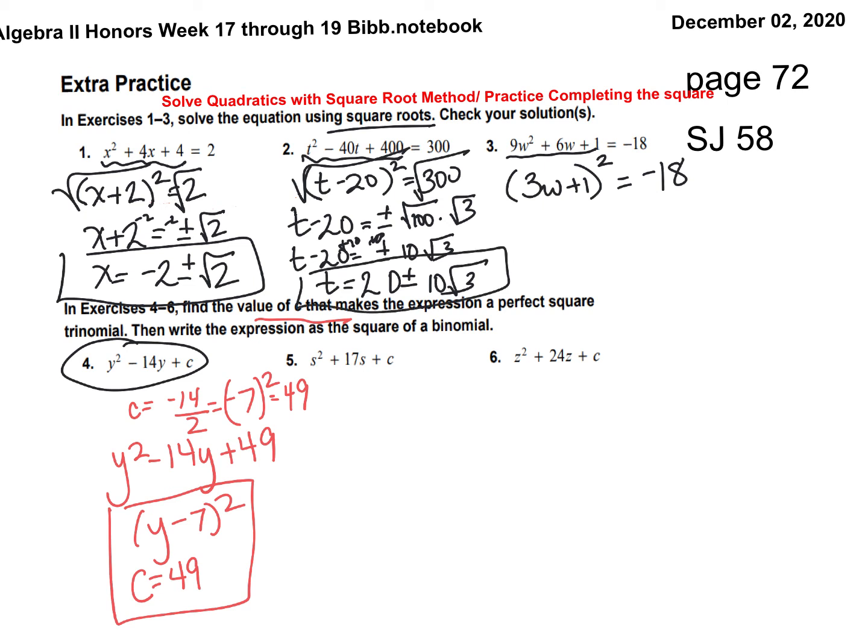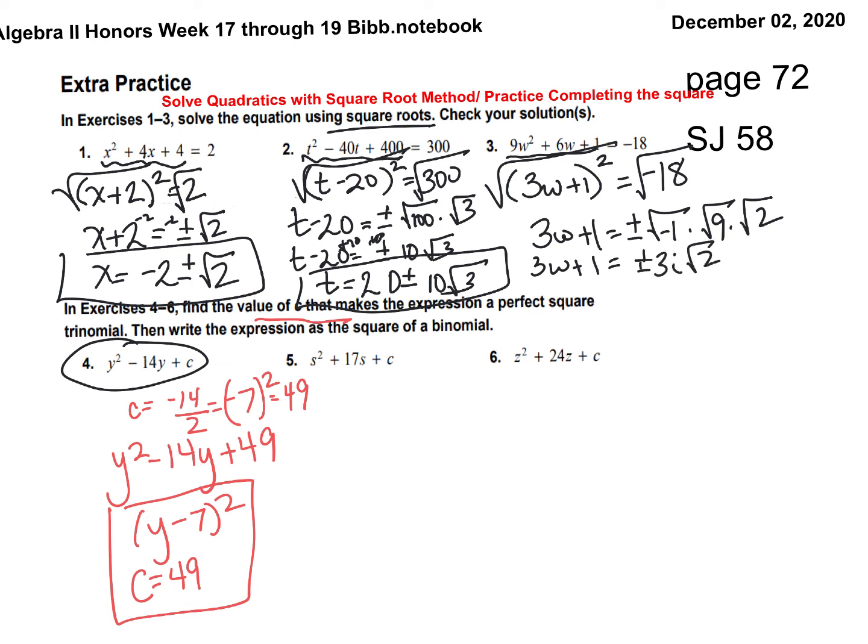And one more, take the square root of both sides. 3w plus 1 is going to equal plus or minus the square root of negative 1 times the square root of 9 times the square root of 2. So 3w plus 1 is going to equal plus or minus 3i times the square root of 2.